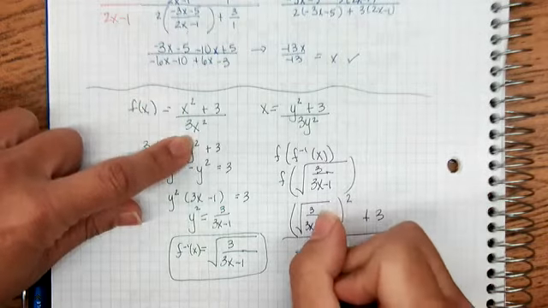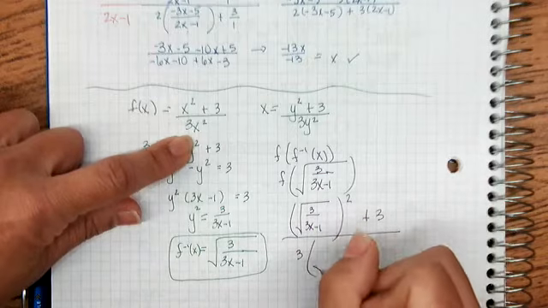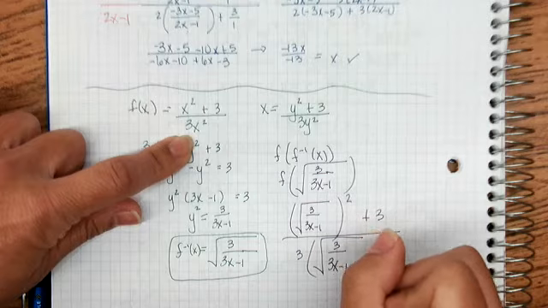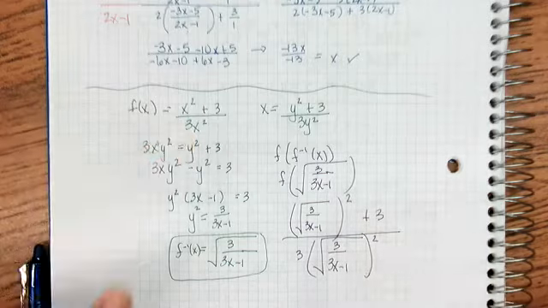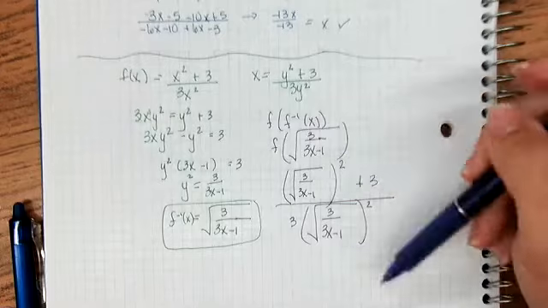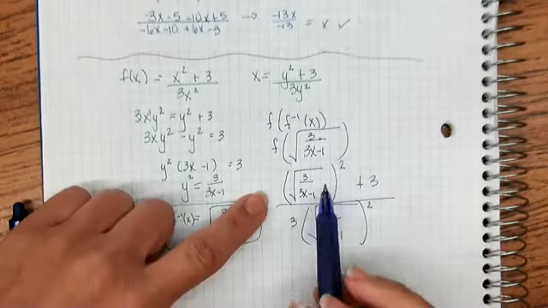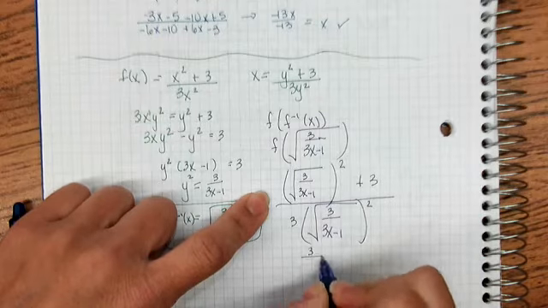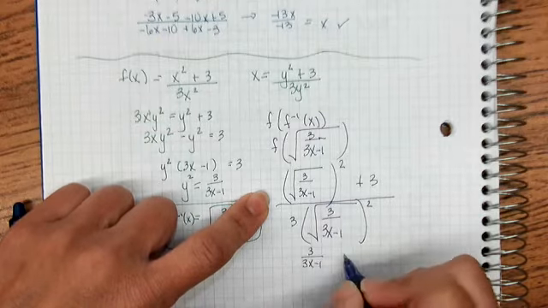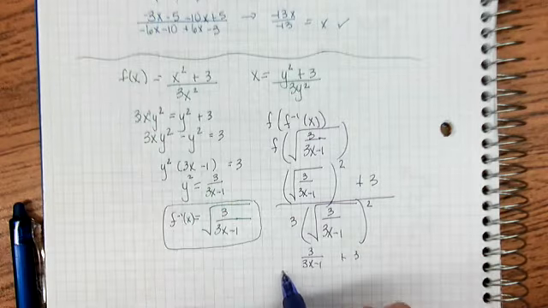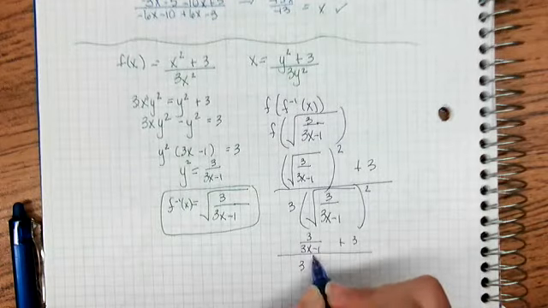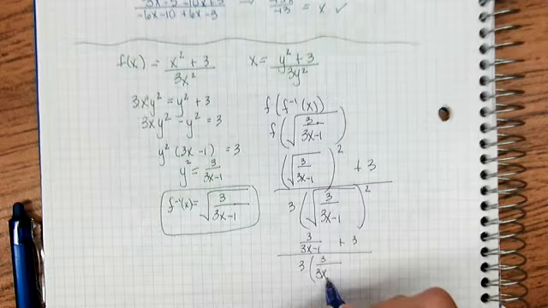Over 3x, 3 over 3x minus 1 squared. No reducing that out. Squared, okay, great. Root sign goes away. So you get 3 over 3x minus 1 plus 3 over 3 times 3 over 3x minus 1.